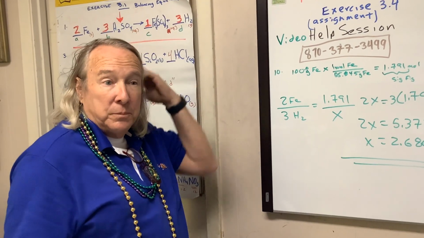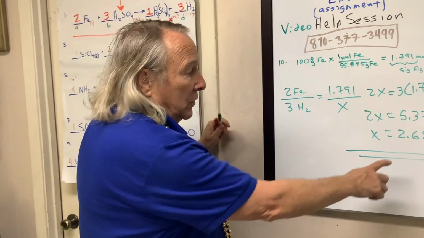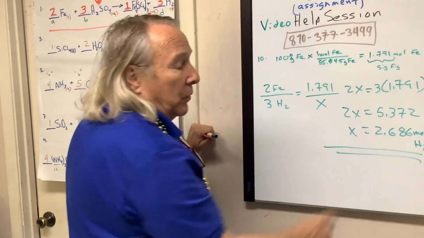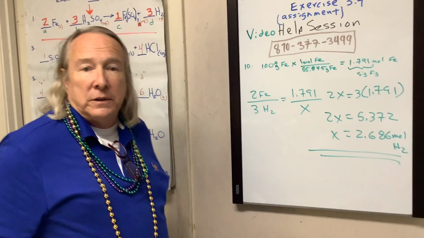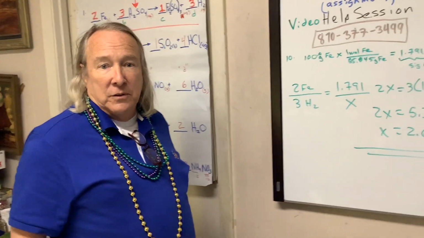We are going to be saying, okay, I have 2.86 moles of hydrogen. What would be its volume at standard temperature and pressure?